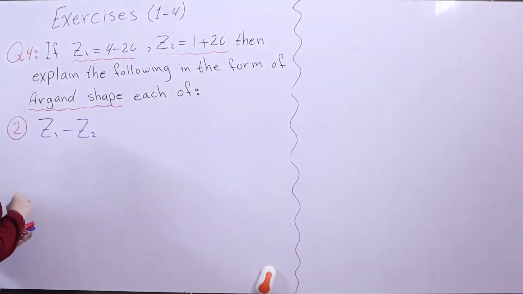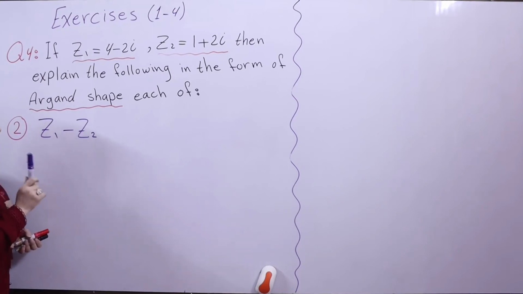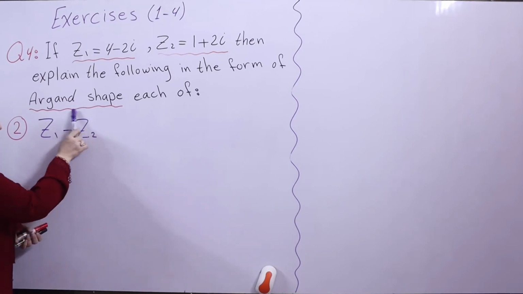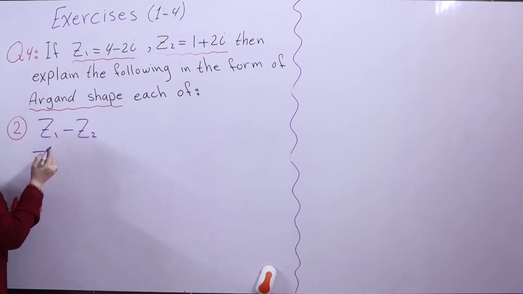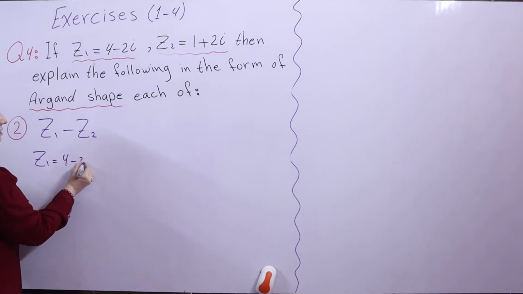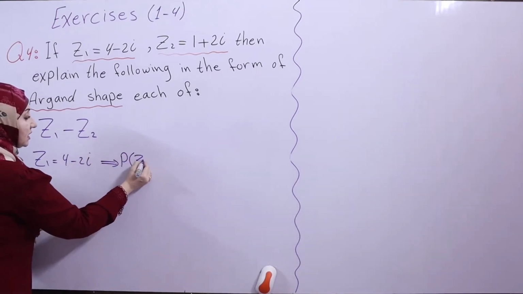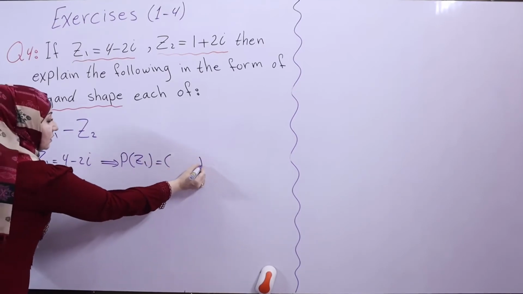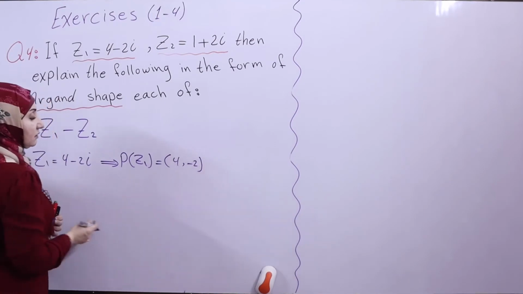Now we want to find the argand shape which represents Z1 minus Z2. بما أنه عندي طرح لازم آخذ النيجاتيف Z2. يعني first Z1 which equal 4 minus 2i, the point which represents Z1 will be the order pair 4, negative 2.